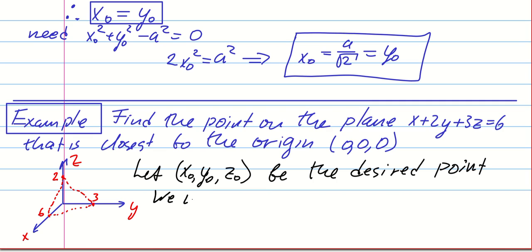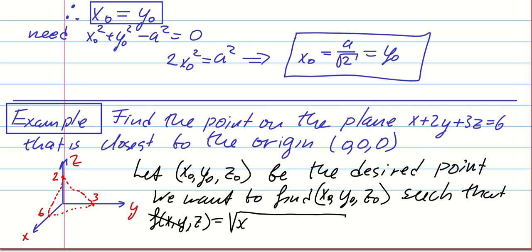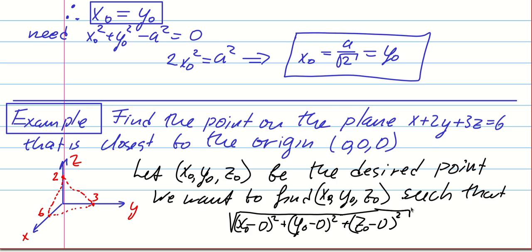We want to find x sub 0, y sub 0, z sub 0 such that the distance between the point and the origin, so x sub 0 minus 0 squared plus y sub 0 minus 0 squared plus z sub 0 minus 0 squared, is a minimum.